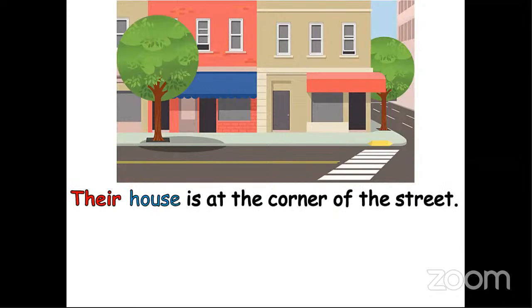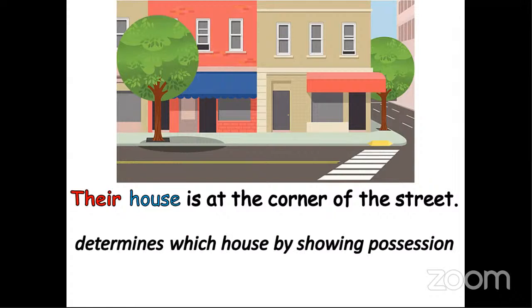Their house is at the corner of the street. Now in this sentence, there determines whose house we are talking about, a particular house. Which particular house? Their house. So there here is determining which house by showing possession.